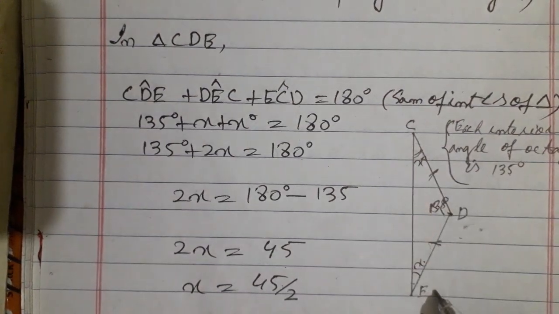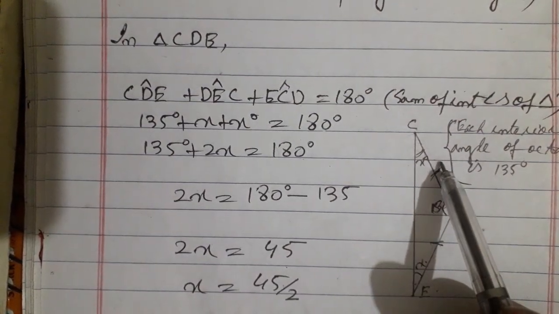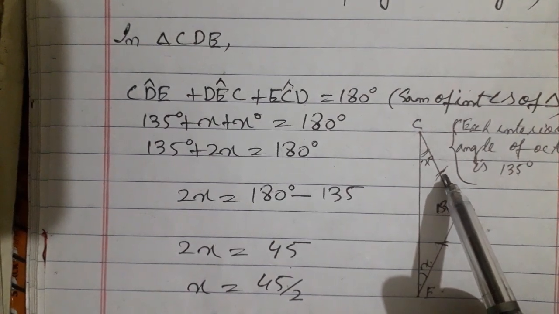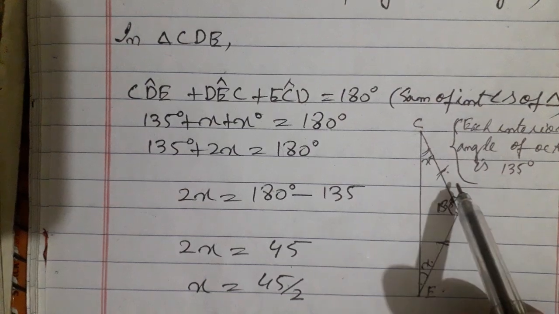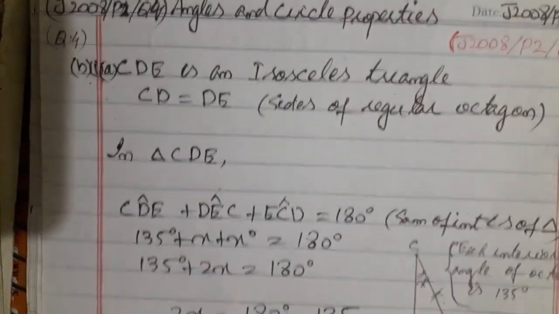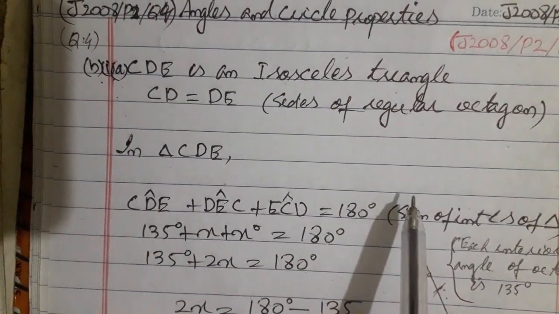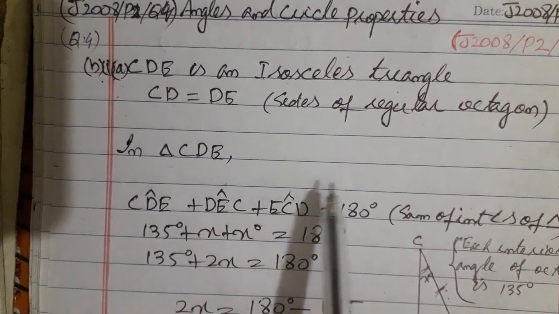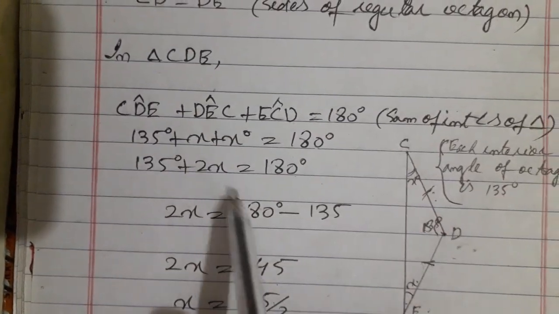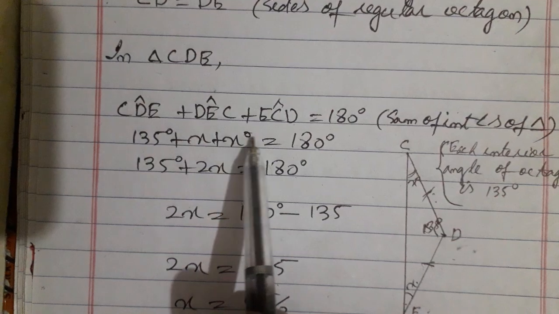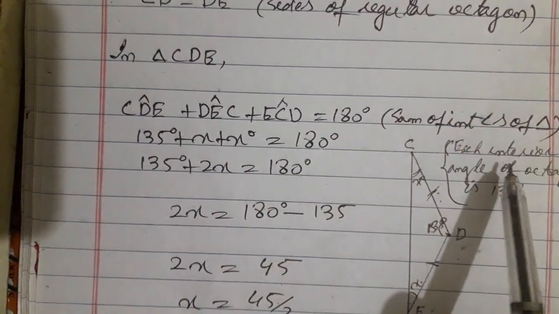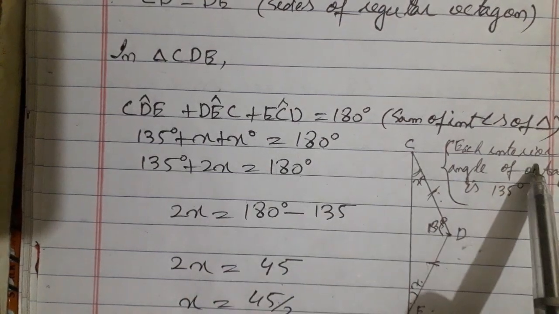CD and DE are sides of a regular octagon, and a regular octagon has equal sides, so CD is equal to DE. In triangle CDE, angle CDE plus DEC plus ECD is equal to 180 degrees, because the sum of interior angles of a triangle is 180 degrees.